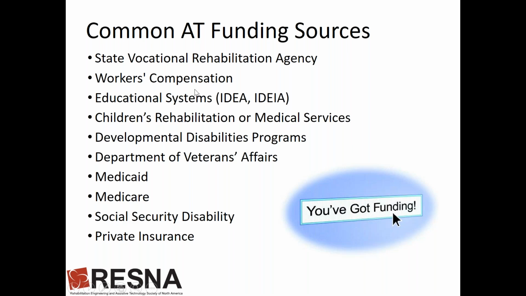The education system with the IDEA Act, those are all really within the bubble of the school systems. So again, someone comes to the wheelchair seating clinic. If there's assistive technology that's needed for the child to be able to complete their learning, then the school may be the funding source to purchase it.